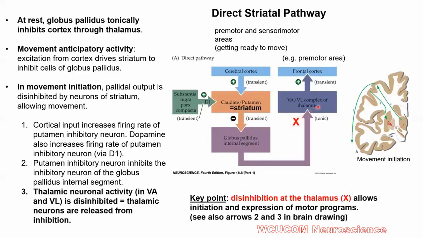So therefore, thalamus is released from inhibition, and now cortex, through thalamus, for example, the premotor area, is activated. This mechanism, via the direct pathway, will allow the expression of motor programs and motor behaviors. There is gating in that sense, a permissive role in motor behaviors.